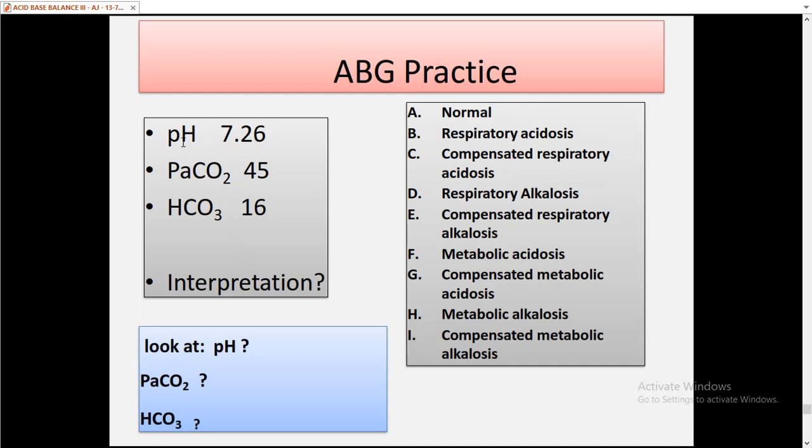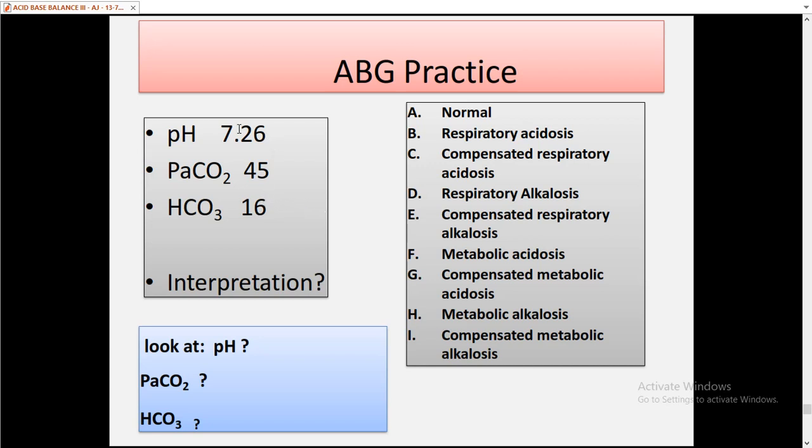Here you see that pH is 7.26, meaning it has dropped below 7.35. PaCO2 is 45 and it is within normal range, while bicarb has also dropped from its normal 22 to 26 milliequivalent per liter.